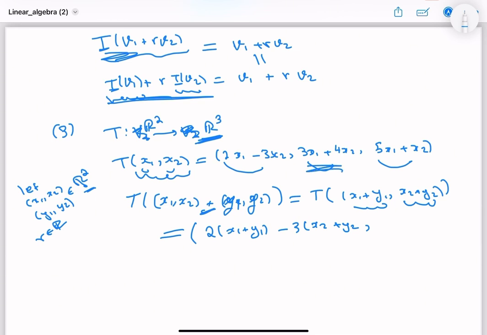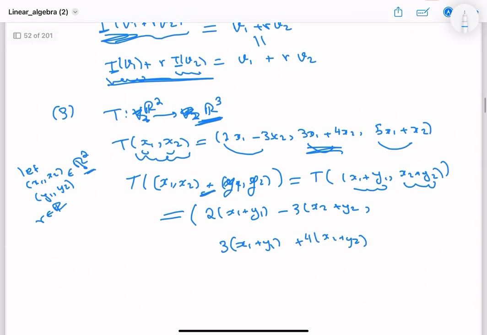For the second component, you get 3 times the first component, x1 plus y1, plus 4 times the second component, x2 plus y2. And for the last component, you get 5 times the first component, plus the second component. So this is what we have.